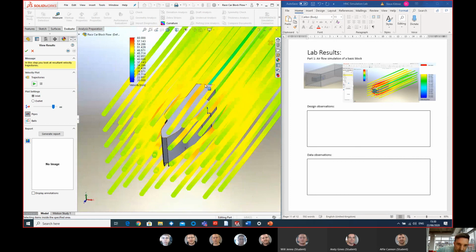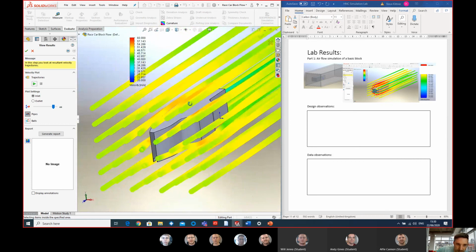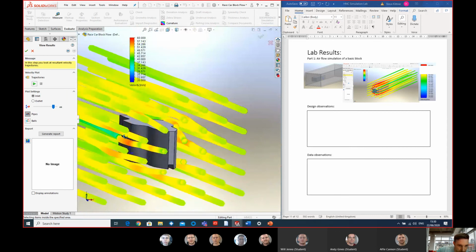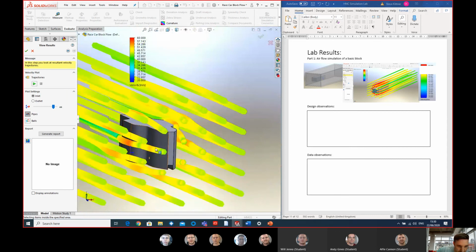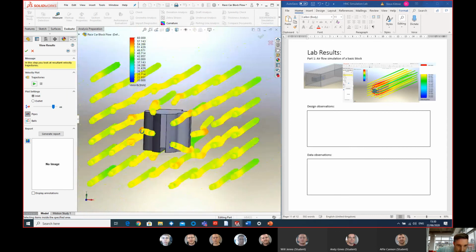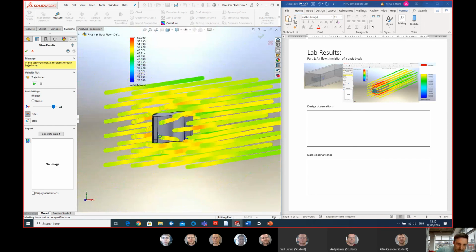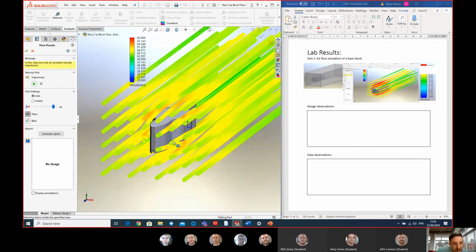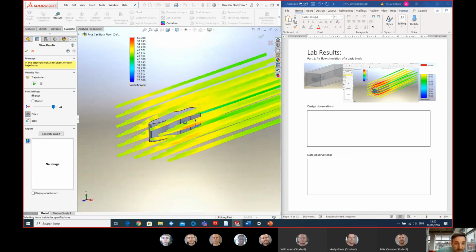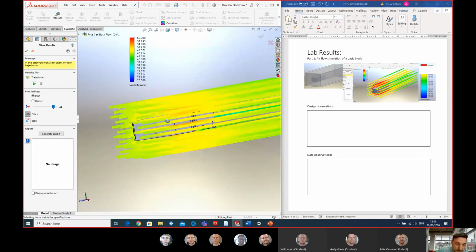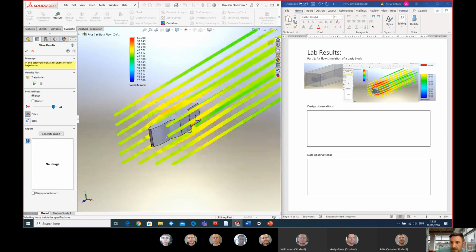And just little bits of orange, a little bit of blue coming out the back end of here, and that's probably from that one stream, going down there. So we can see that the change in shape has made a fairly substantial difference to the aerodynamics of the car.